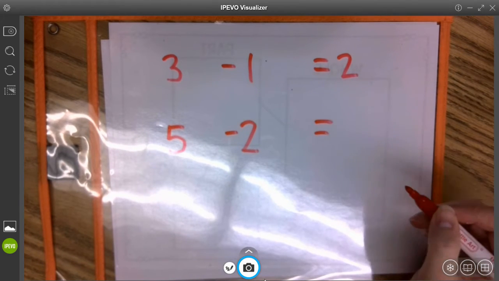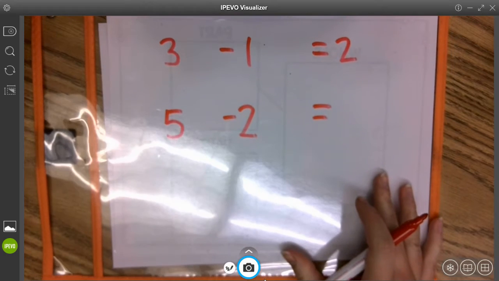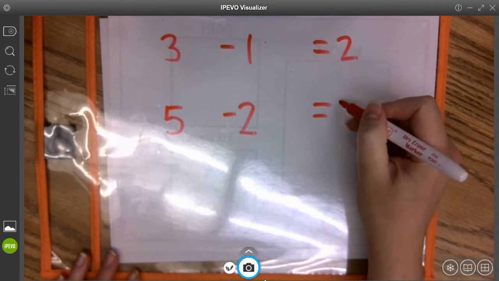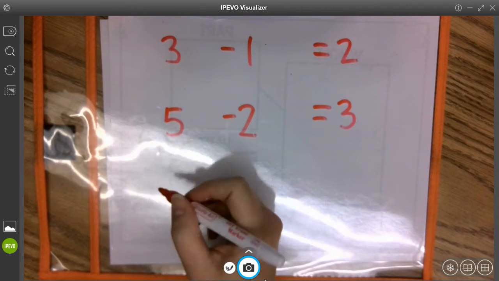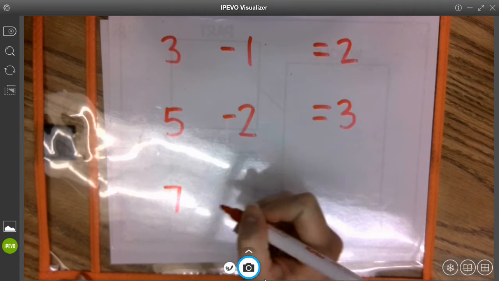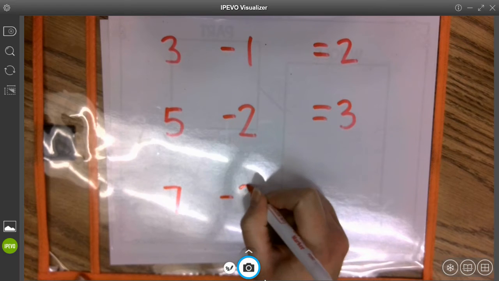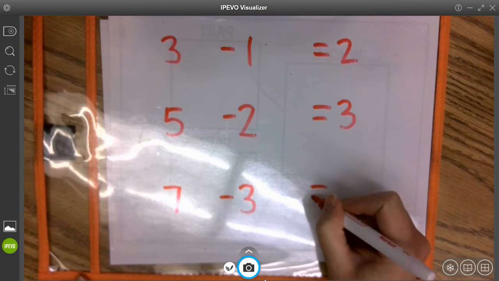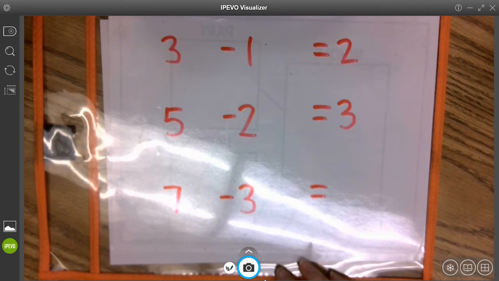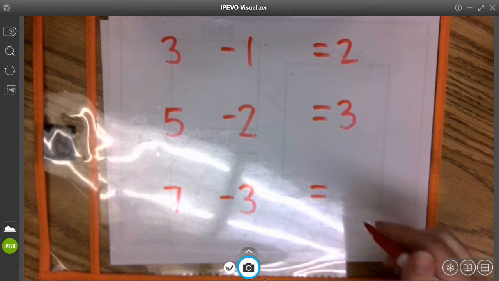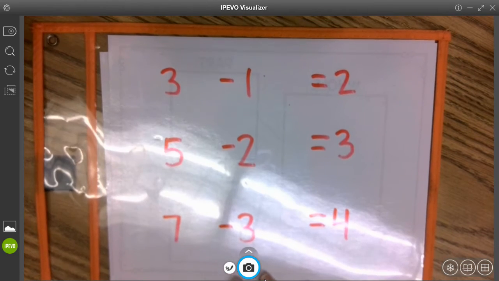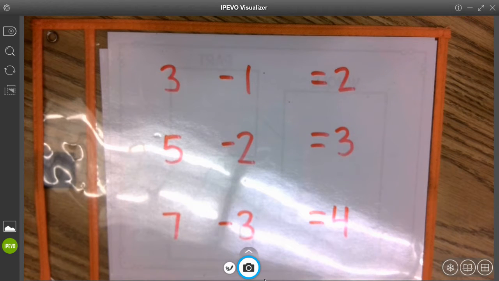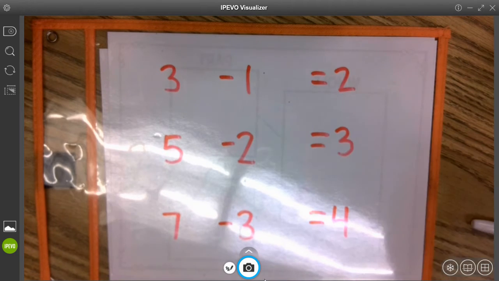What does that equal? 5 minus 2 is 3. Well done. Let's do one more. 7 minus 3. What does that equal? 4. Good.